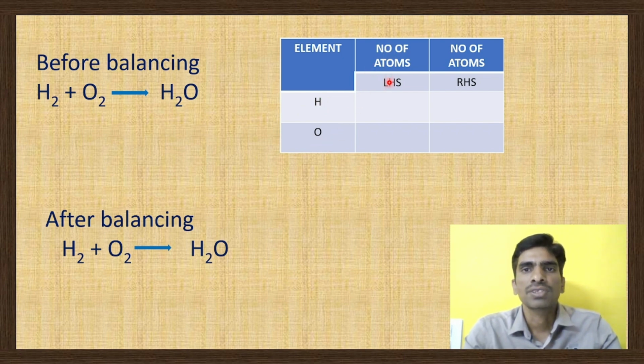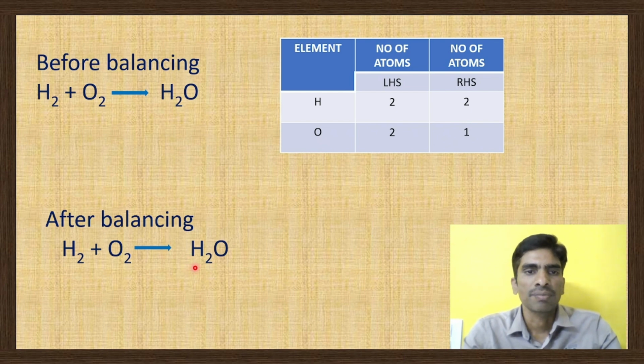Number of atoms on the LHS: hydrogens, there are two hydrogens, and oxygens, there are two oxygens. Number of atoms on the RHS: there are two hydrogens and one oxygen. Here the number of oxygen atoms is not the same. We need to balance the oxygen atoms.